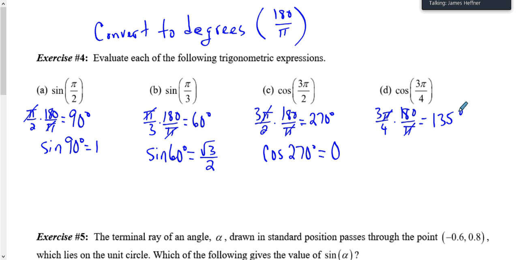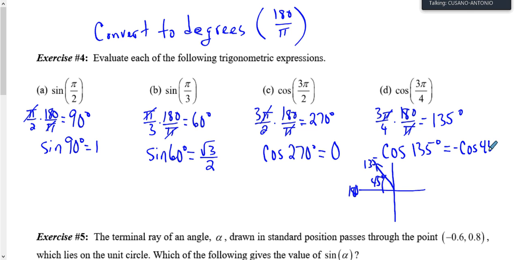So now we need the cosine of 135 degrees. I guess we're going to need a reference angle. 135, that's out here. This is 180. What's our reference angle? Reference angle will be 45 degrees. Cosine is out there to the left, which means it's what? It would be negative cosine of 45, which is negative square root of 2 divided by 2.